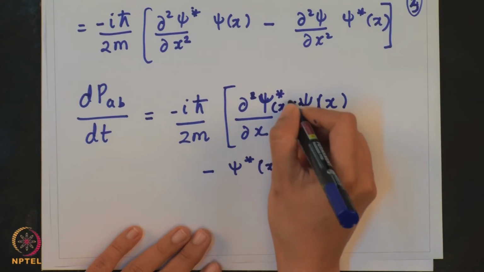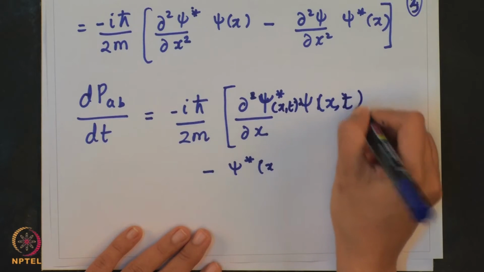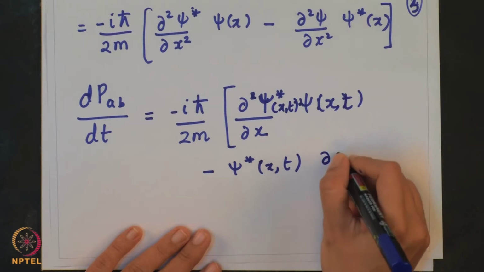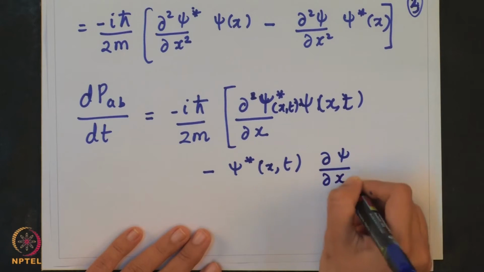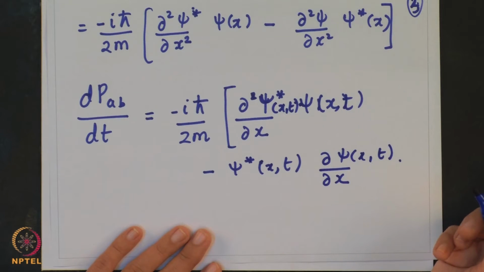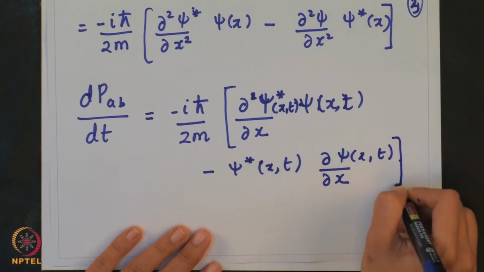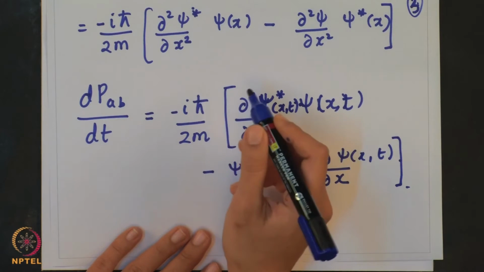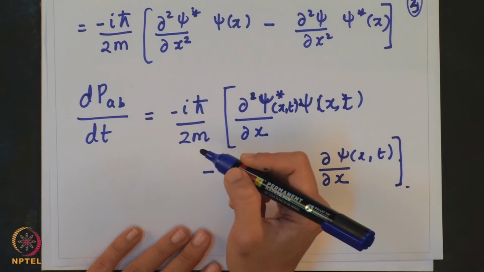I am missing the argument everywhere. If you write it everywhere, or you can just use this shorthand notation x. Okay. So, this is the form you get when you perform, or rather even before doing, integration by parts.